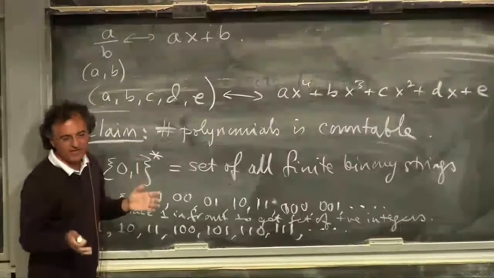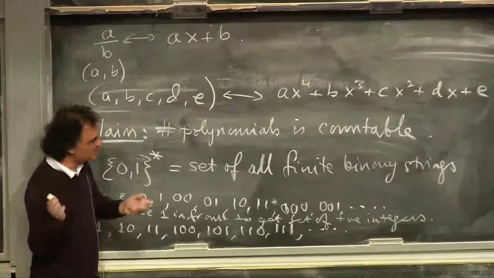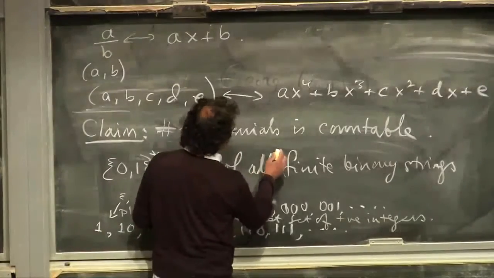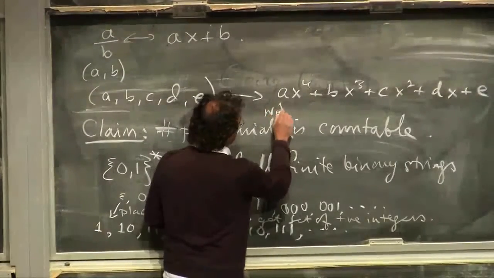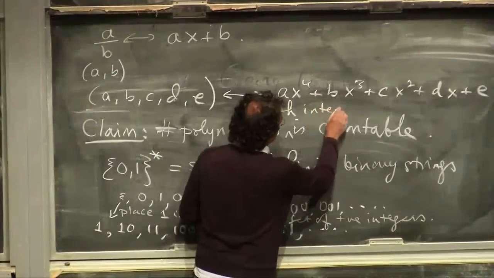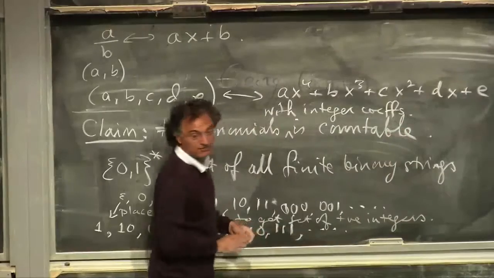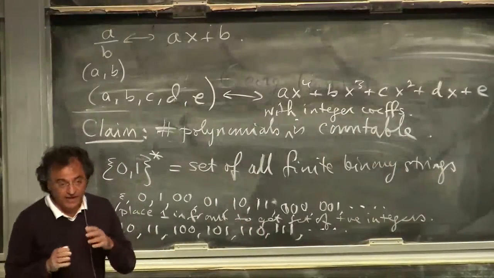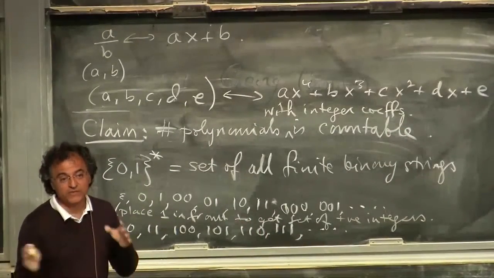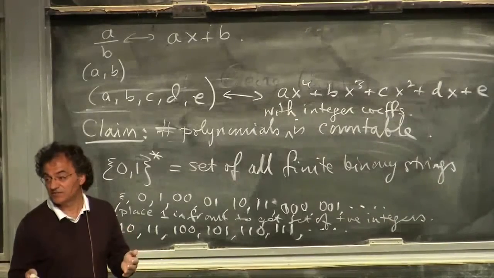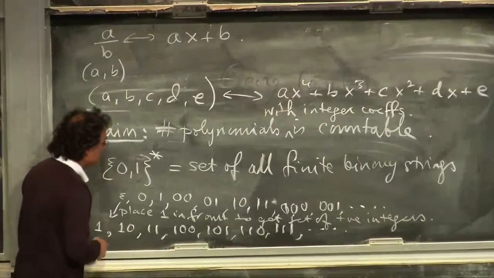We could also let them be integers, because natural numbers, integers, it's all the same. So the number of polynomials with integer coefficients is countable. We want to say there are as many polynomials with integer coefficients as there are natural numbers. So how do we show that?